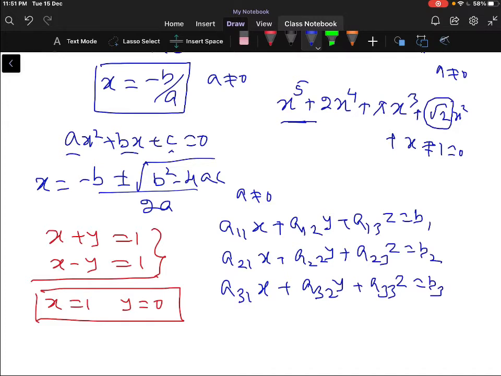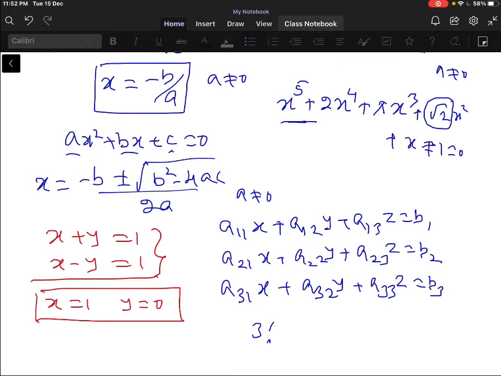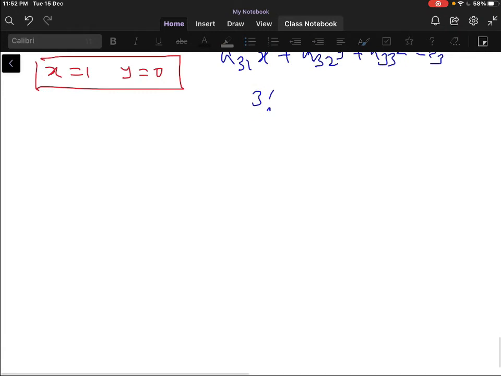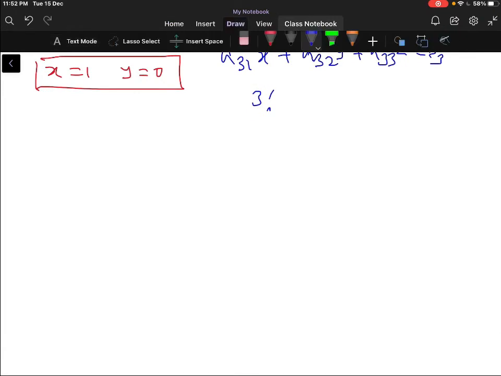To solve these equations by using Cramer's rule, the method performs 3 factorial operations. So you have to perform 6 operations if it is 3 by 3 equations. Suppose I consider 4 by 4 equations, then Cramer's rule should perform 4 factorial times.